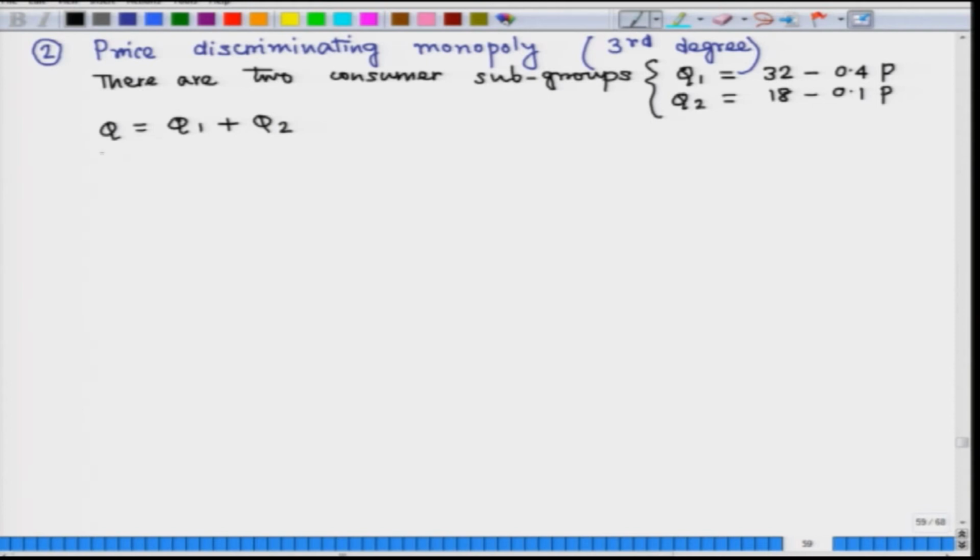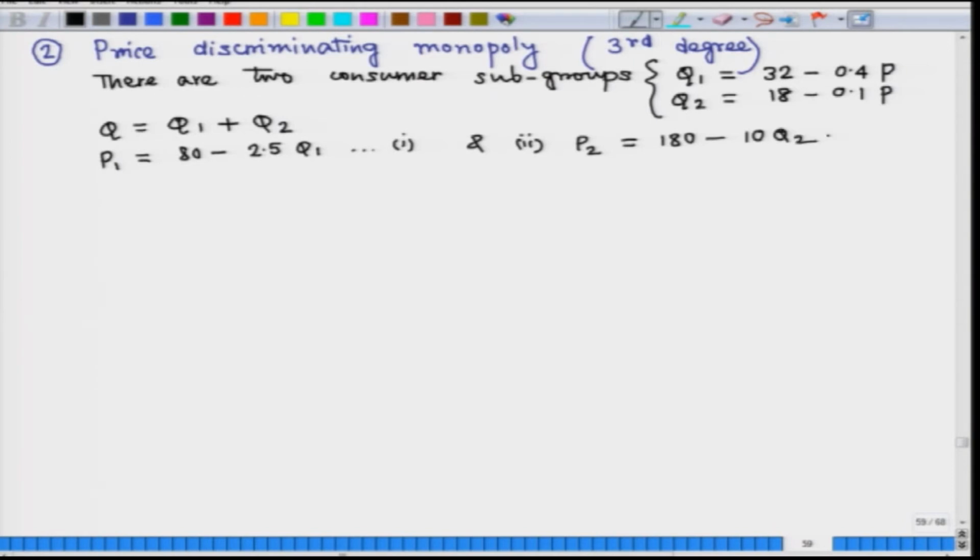So, if I do so, then I get the following, as the monopolist will discriminate and charge different prices in different markets.